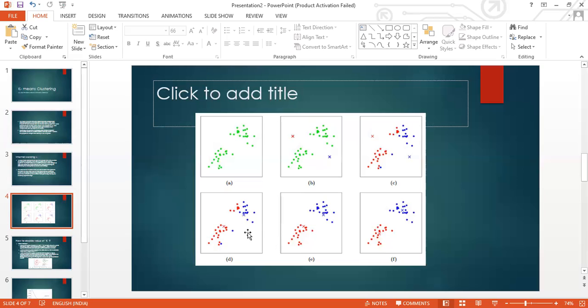Then again the distance between the blue data points and the centroid is calculated, and after calculation we got to know that these two blue points are nearer to this centroid, nearer to this cluster, so they are now included into red, and these red points are included into the blue cluster.